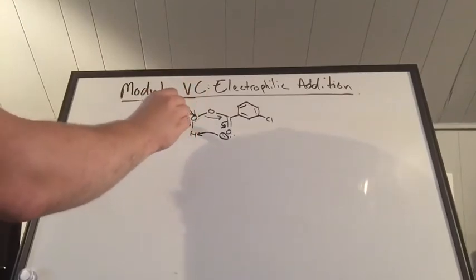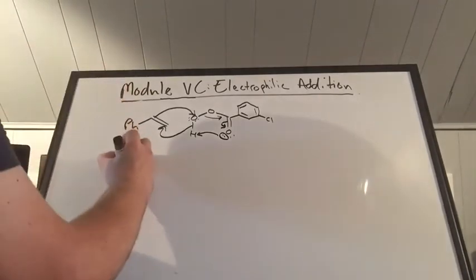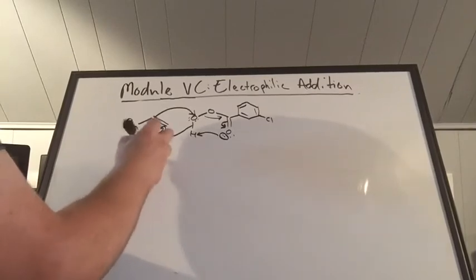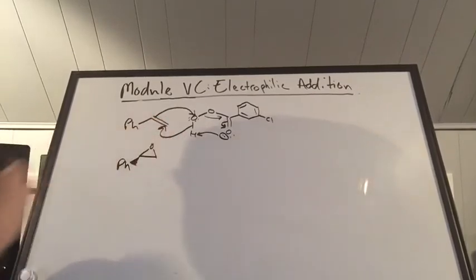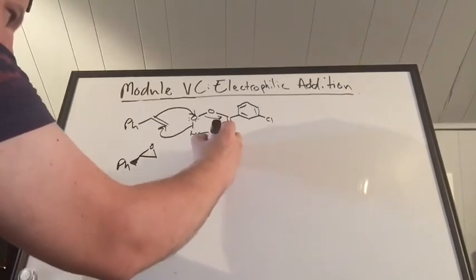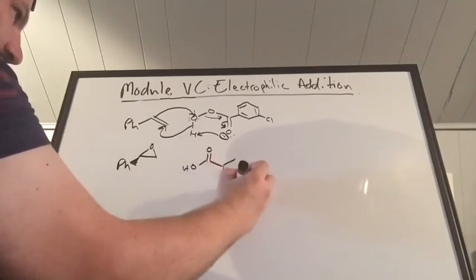Okay, so it's going to make this slightly more acidic by this concerted reaction going on with the styrene substrate. Okay, so you're going to see this formation. Now as a result, you'll also see metachlorobenzoic acid as a byproduct.